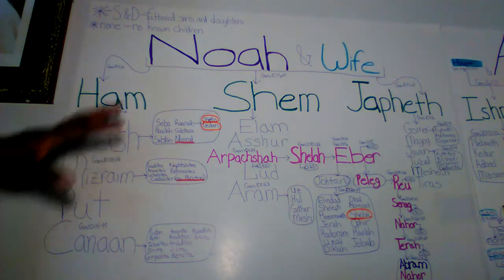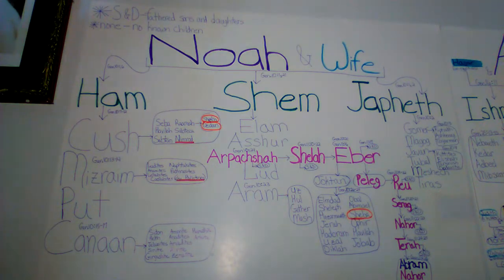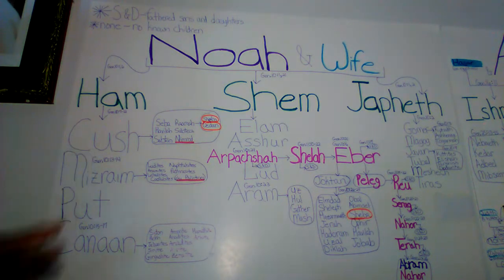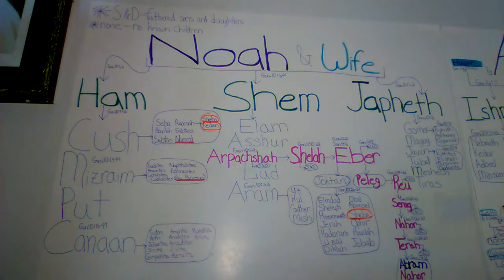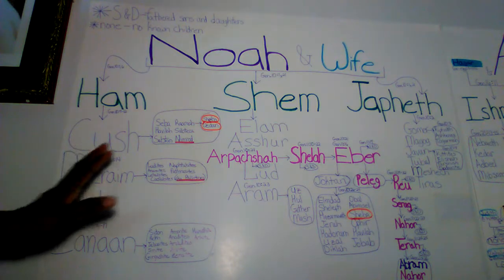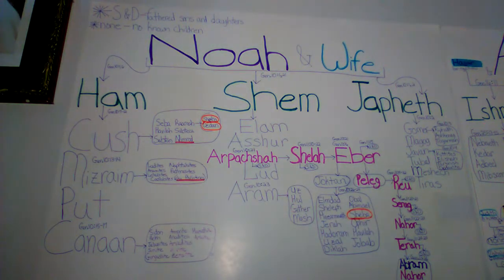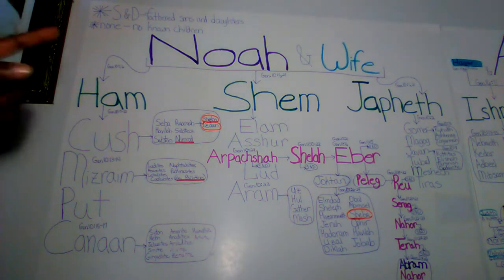So this first section of my biblical heritage chart specifically deals with Noah. And these are all of the descendants after the flood that we can link all people groups throughout the world to. So as we go through the books of the Bible, you will find something very interesting.